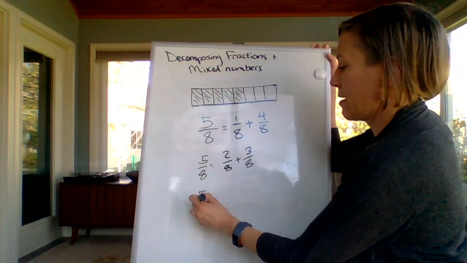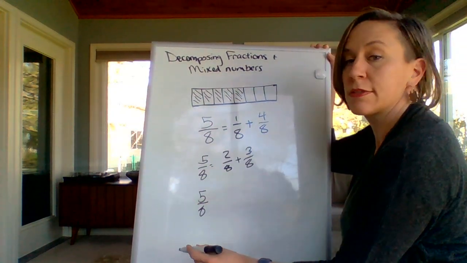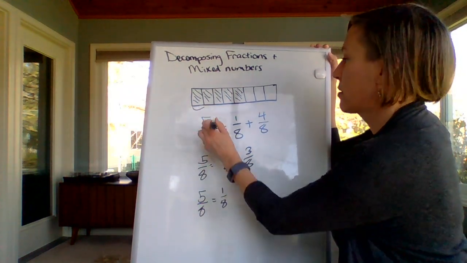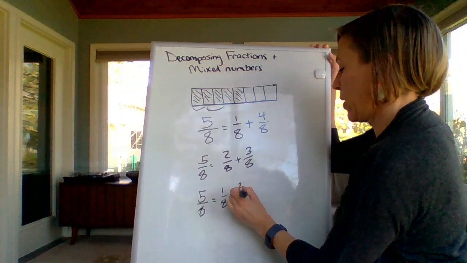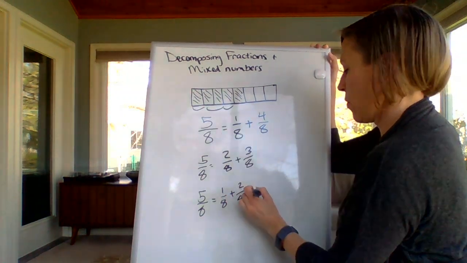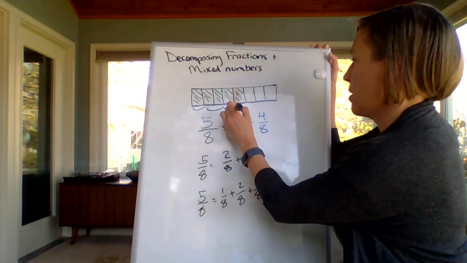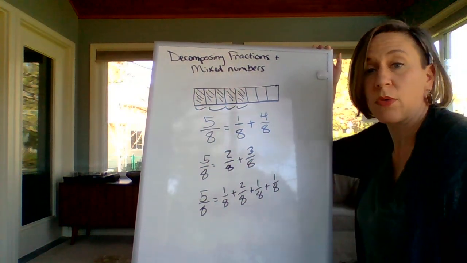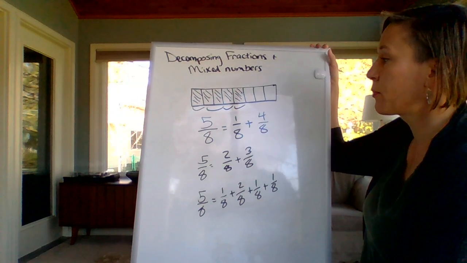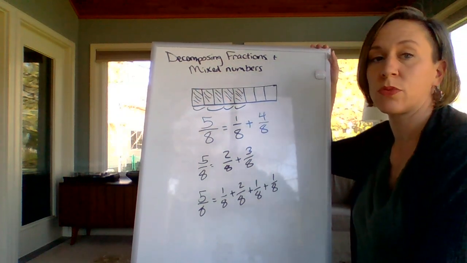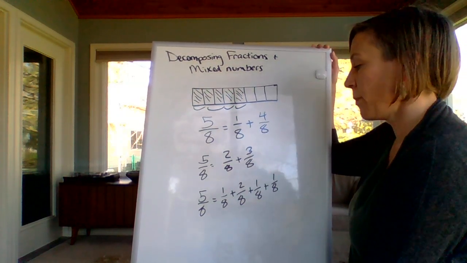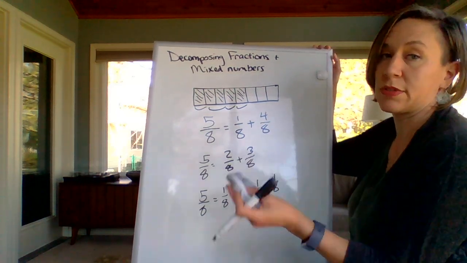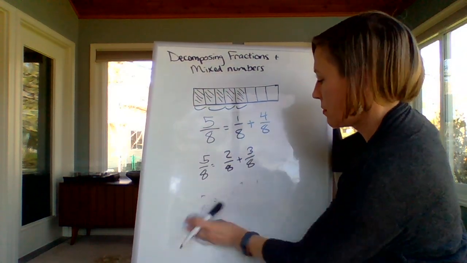I could also say 5/8 equals 1/8, and then I'm going to take 2/8, and then another 1/8, and then another 1/8. Okay? So we're just breaking the fractions down into different parts. That'll help us in the future when we look at making mixed numbers and improper fractions.